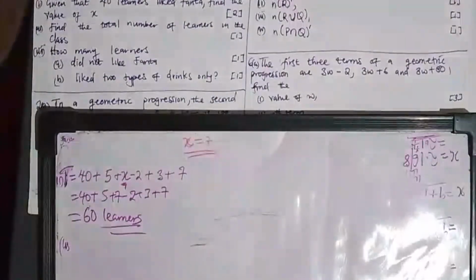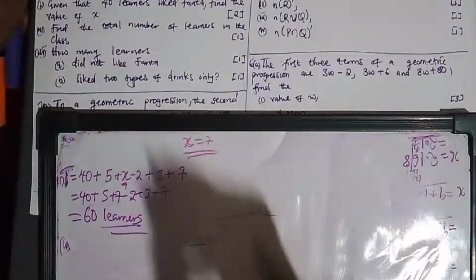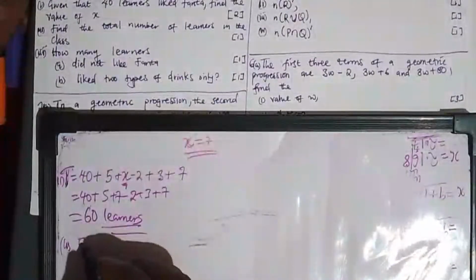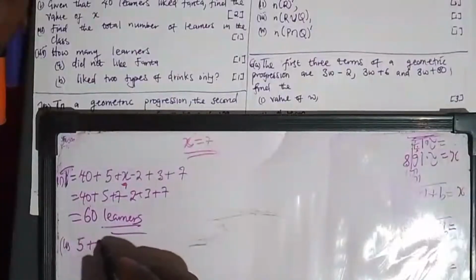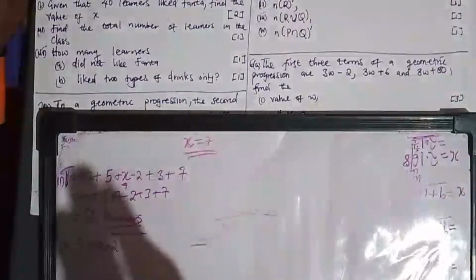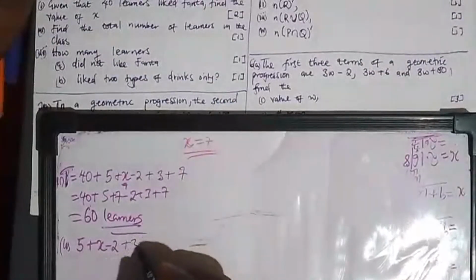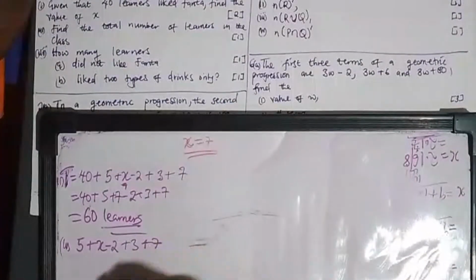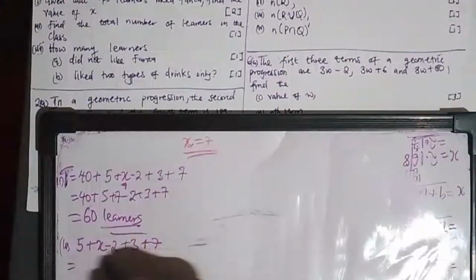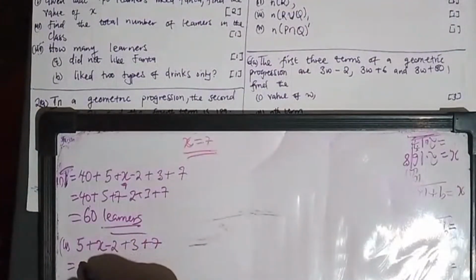So if you cover this part for Fanta, you find that you have 5 from Coke, plus x minus 2, those that liked Coke and Sprite. Then we also have 3, then plus 7. So again, remember, x we have found to be 7.